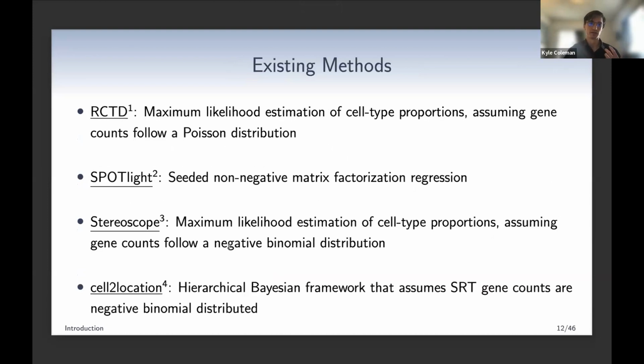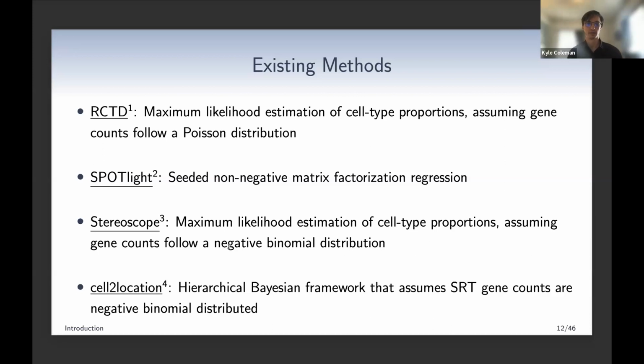And this is an overview of some of the methods that were developed before SpaDecon, and they're the ones that I'll be comparing with for the results section of this talk. The first method is robust cell type decomposition, or RCTD, which was published in Nature Biotech a few years ago. This is a maximum likelihood-based approach for estimating cell type proportions, and it assumes that gene counts follow a Poisson distribution.